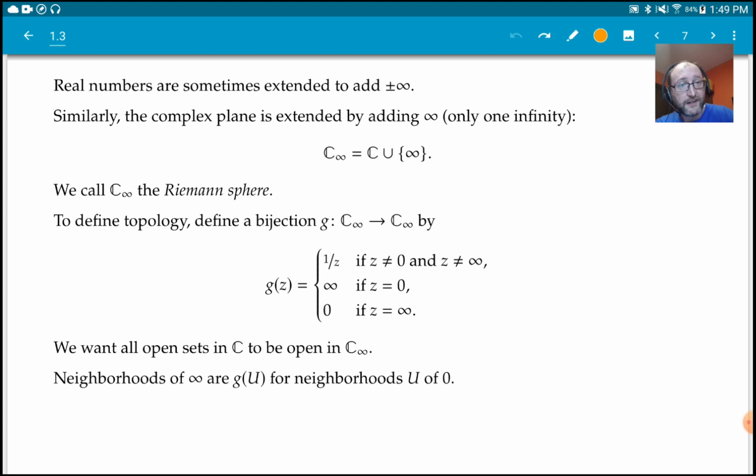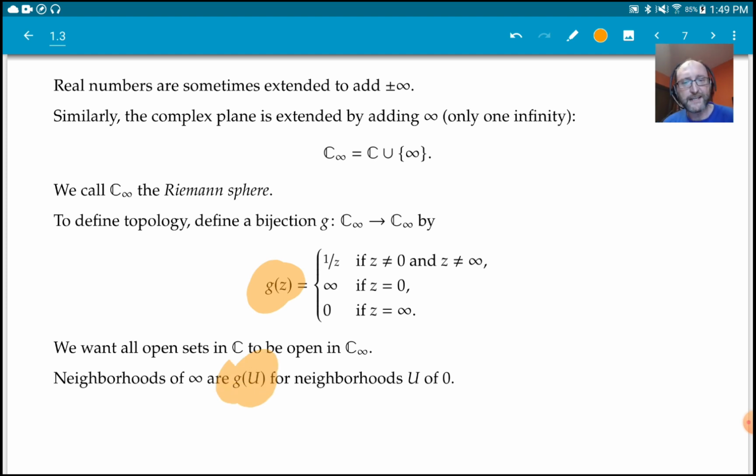Now, how do we define the neighborhood basis around infinity? Well, we take the neighborhood basis around the origin, and we map it forward by this function g, right?